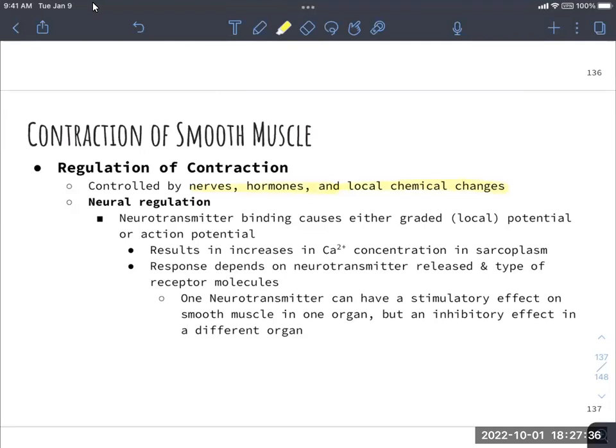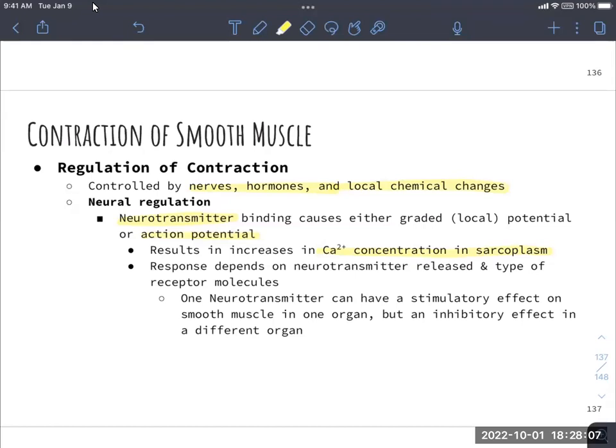We have our neurotransmitter that's going to bind, and that's going to cause the start of an action potential. And that's what causes, again, our calcium to come in, which we've kind of talked about. But that all depends on whether a neurotransmitter is released and what type of receptor molecule we have.